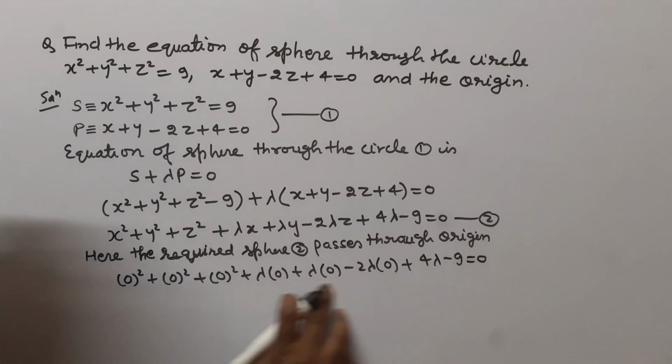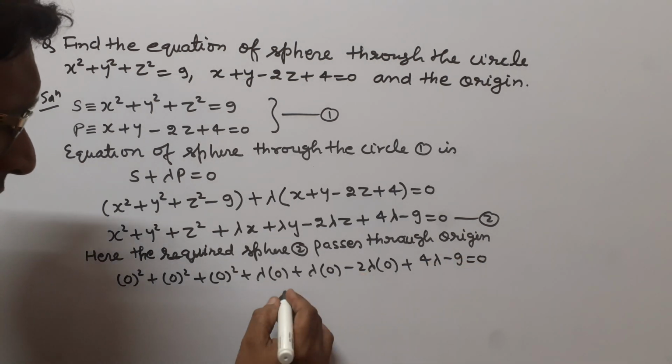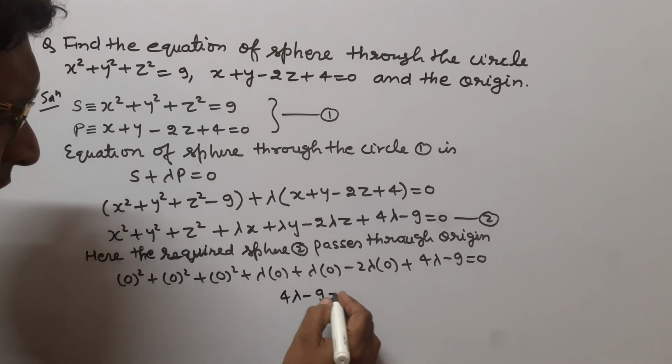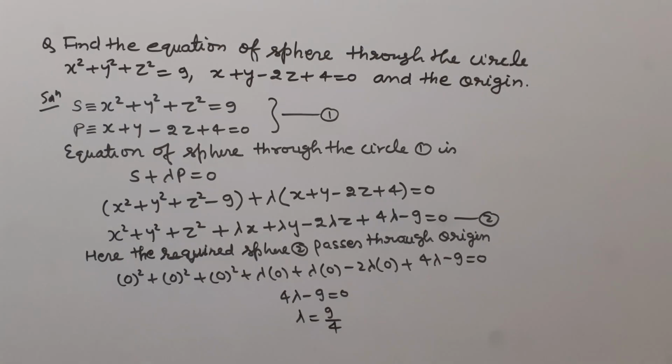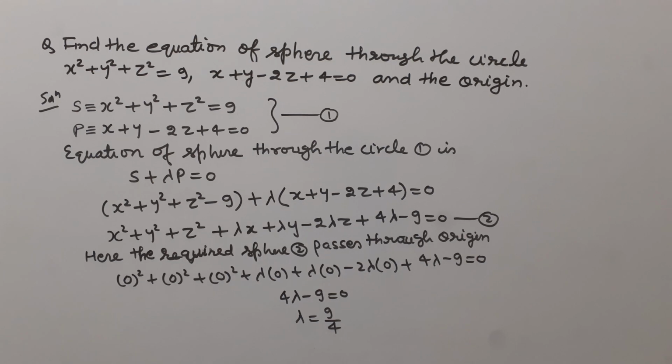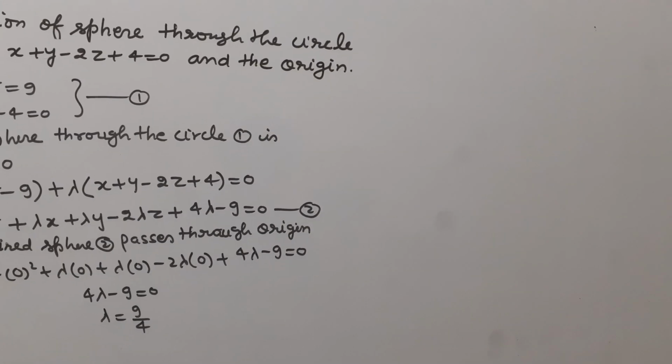So all the terms are 0 except 4 lambda minus 9 is equal to 0. So lambda is equal to 9 by 4.